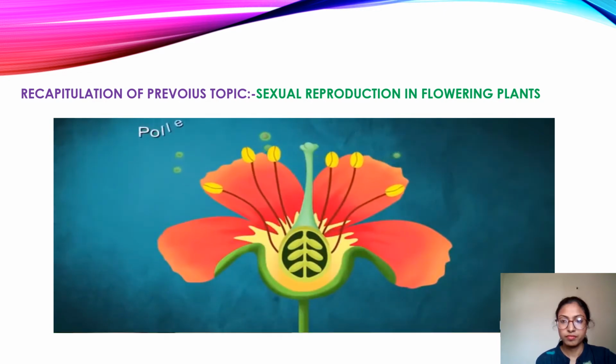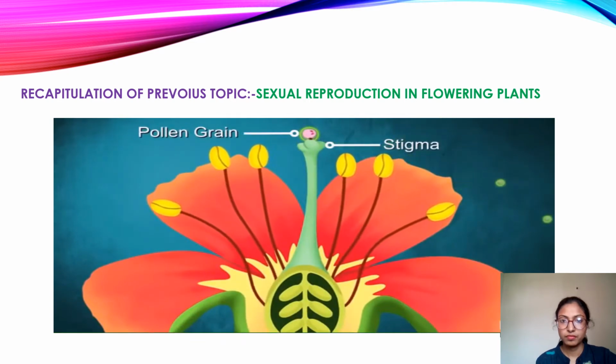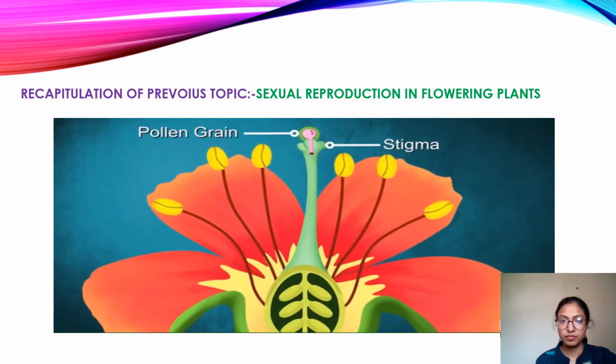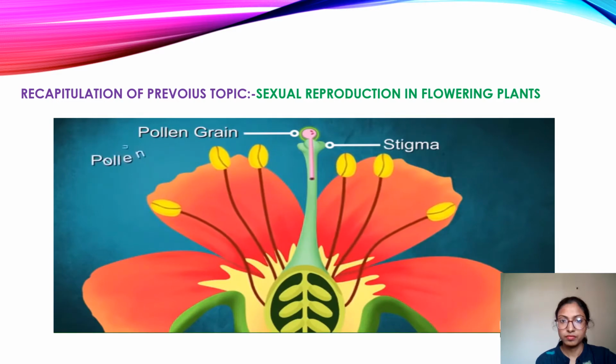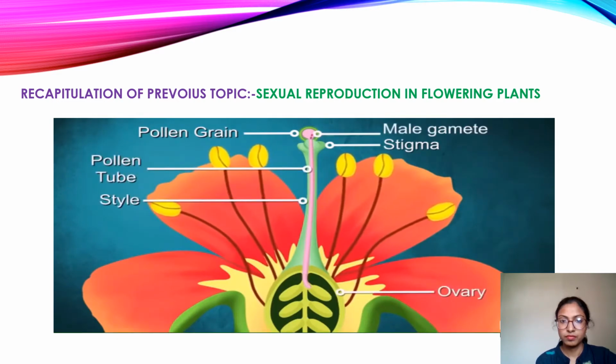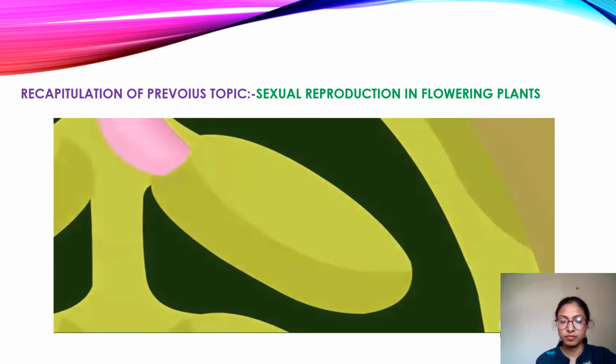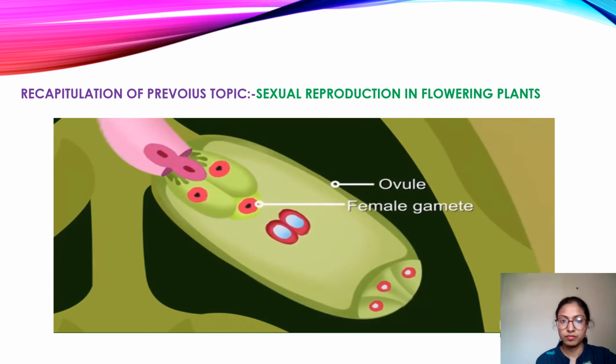Once a pollen grain reaches the stigma of a suitable flower, a tube grows from the pollen grain. This tube travels through the style and reaches the ovary. The male gamete from the pollen travels in this tube and reaches the female gamete present in the ovule of the ovary.